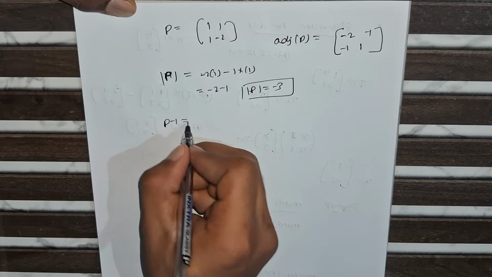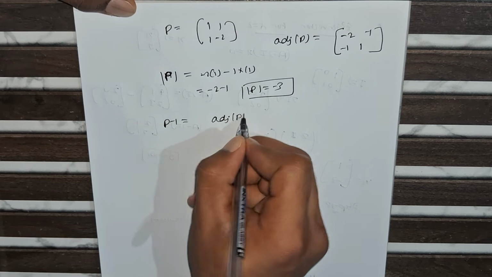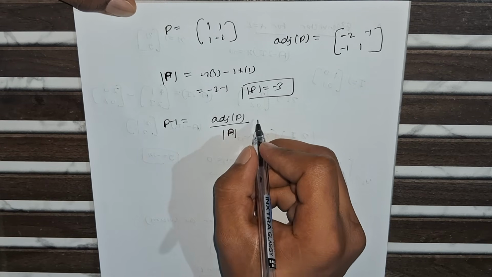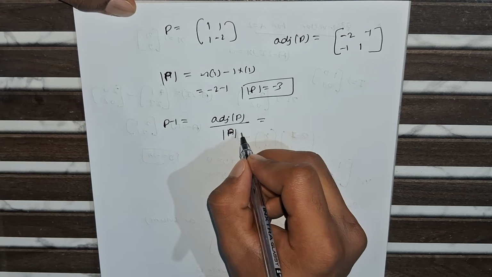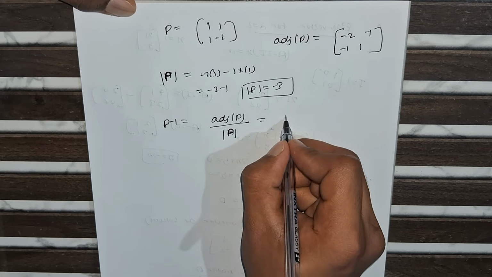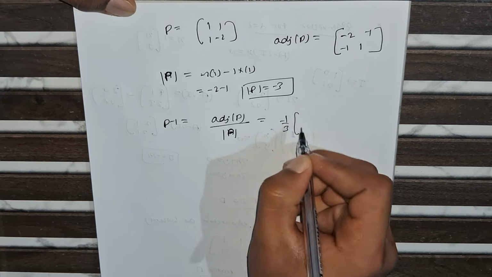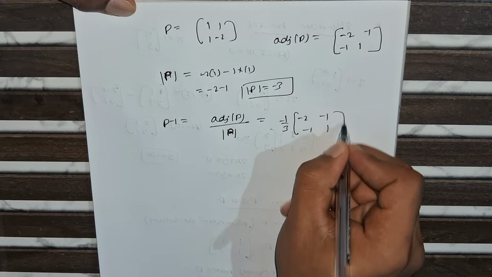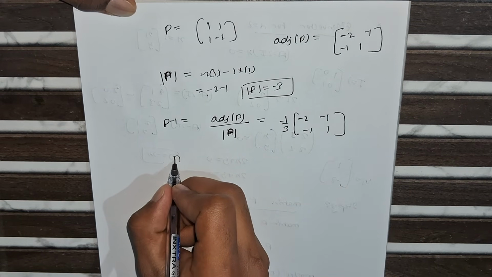So P inverse equals adjoint of P divided by determinant of P. The determinant of P is minus 3, so it is minus 1 by 3 times the adjoint of P, which is minus 2, minus 1, minus 1 and 1. So now what is diagonalization?